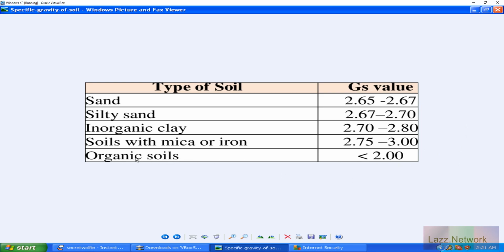So this is why, when you do a specific gravity on soils, and it's an organic soil like peat, which I've covered in this series, you can see specific gravities that are less than 2, which is your dead giveaway right there. Okay, we're definitely dealing with organic soils like peat. It doesn't mean that there may not be any sand in it.